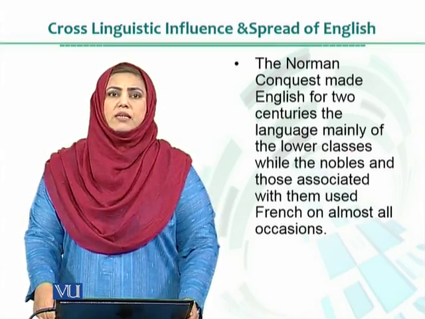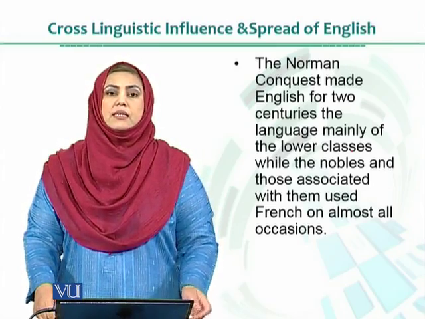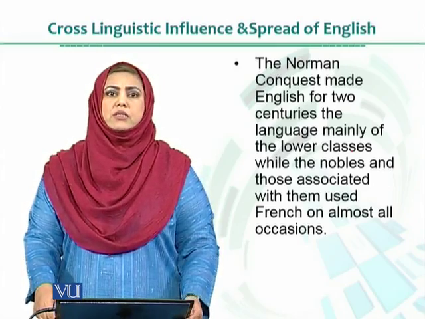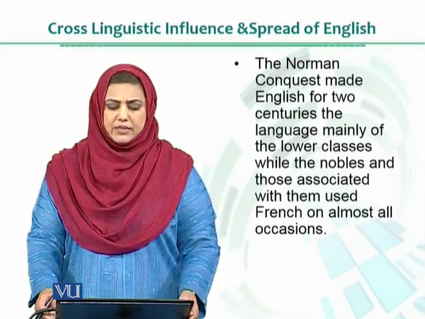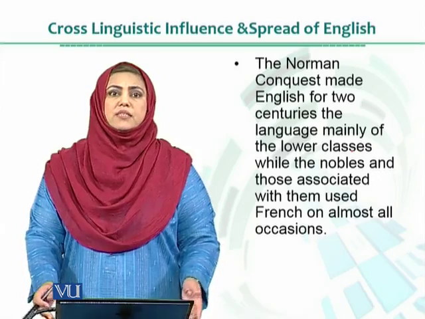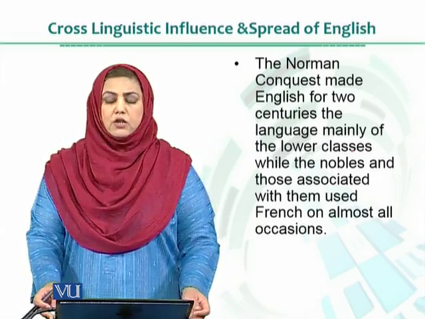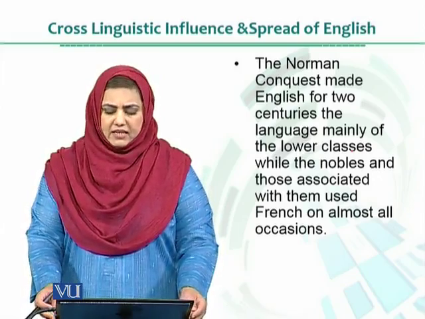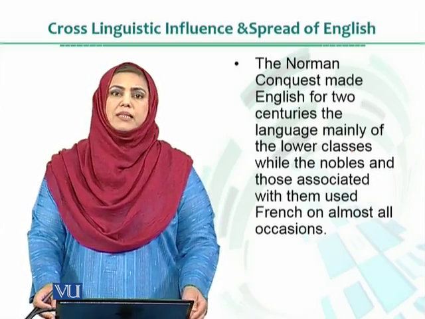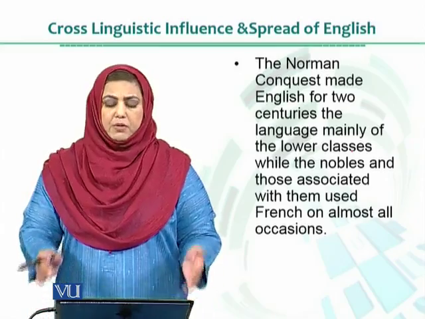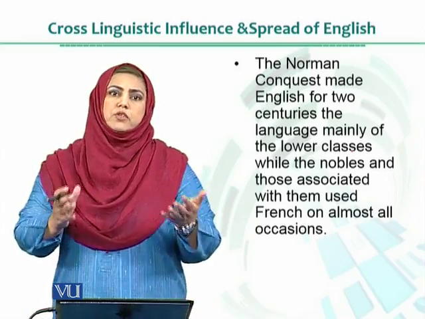Another important point in the history of English in terms of its contact with other languages, and this cross-linguistic influence that we are talking about, is the Norman conquest, which made English for two centuries the language mainly of the lower classes, because the upper class people would use French.